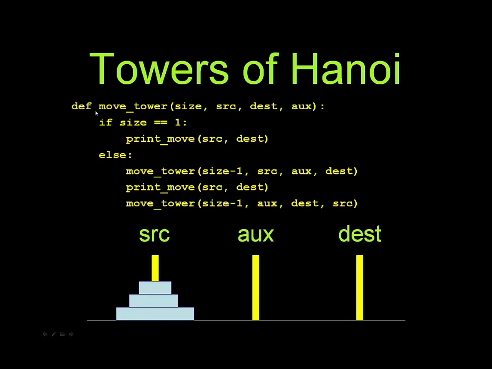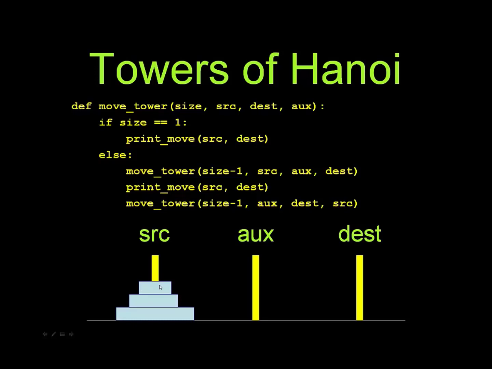The function that we will write is called move tower. And move tower takes a few arguments. It takes the size of the tower. That means in this case there are 3, so the size will be 3. Then the source, destination, and aux. Source is the source stick, dest is the destination stick, and aux is the auxiliary or the extra stick. Now, first, if the size is 1, that means there's 1 disk, what do we do?